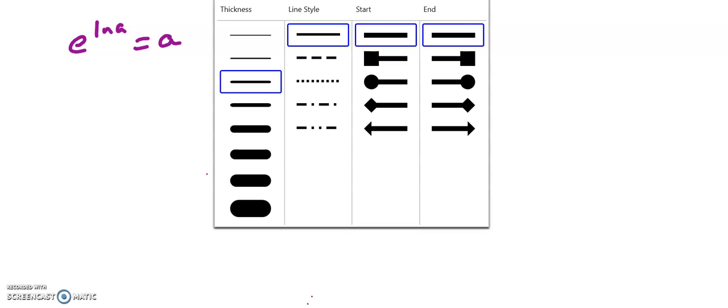It's because of the idea of exponentials and logs are both inverses of each other, and they're just another way of writing each other, right? So to do this, I'm going to start off by rewriting just the idea. If I have e to the ln of a, I'm going to set this equal to some variable called y.